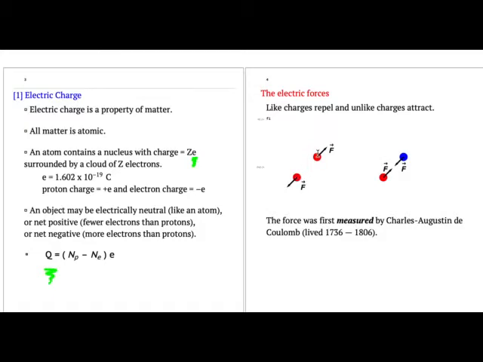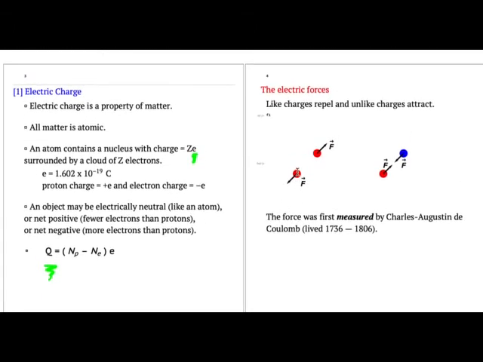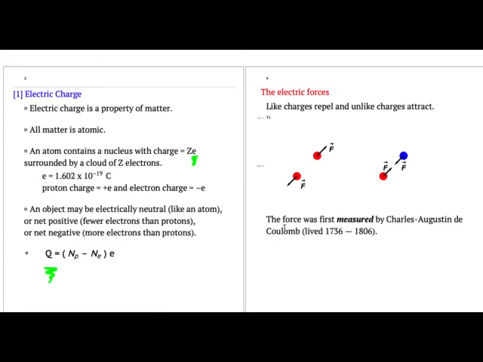They will have equal but opposite forces directed away from the other charge. Now, the strength of the force, or really, this is an interaction, so for every interaction there are actually two forces. The strength of the force was first measured by Charles Augustin de Coulomb, who lived 1736 to 1806.